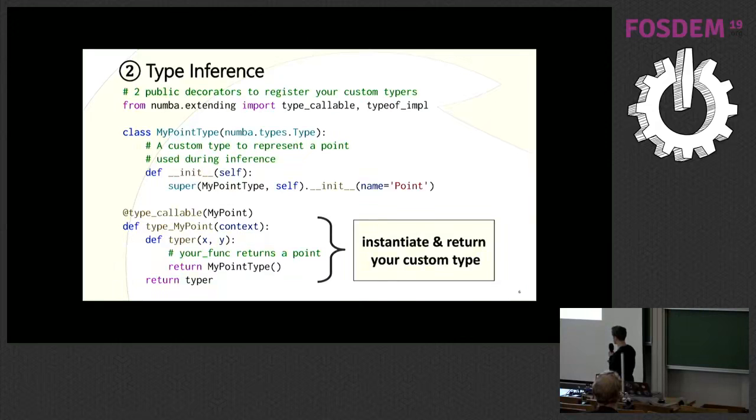This is going to generate your typer. And for a given X and Y argument, you want to say, okay, the return value is going to be of type myPoint type. That's basically how it works. So those are the possibilities you have during type inference.